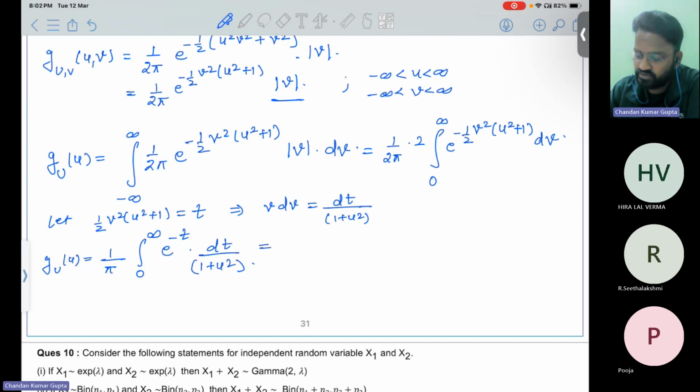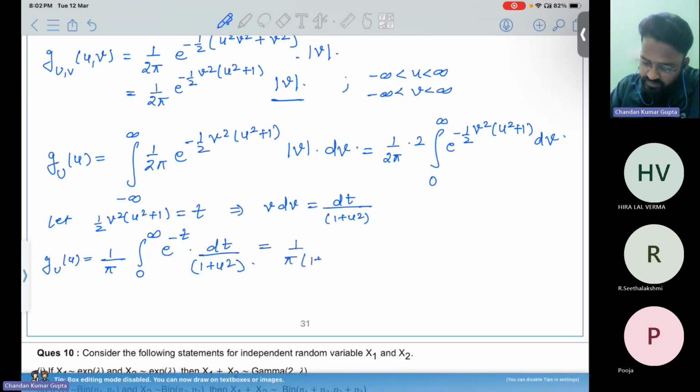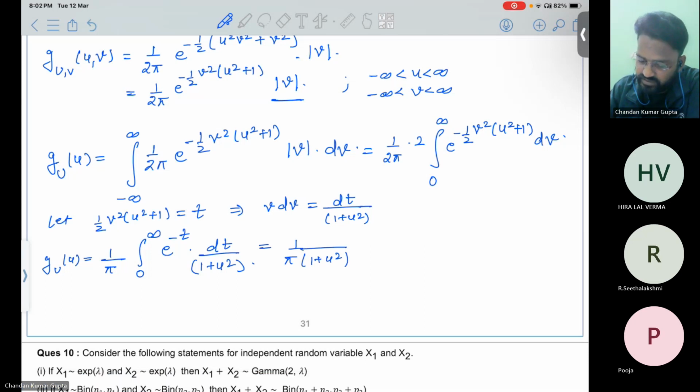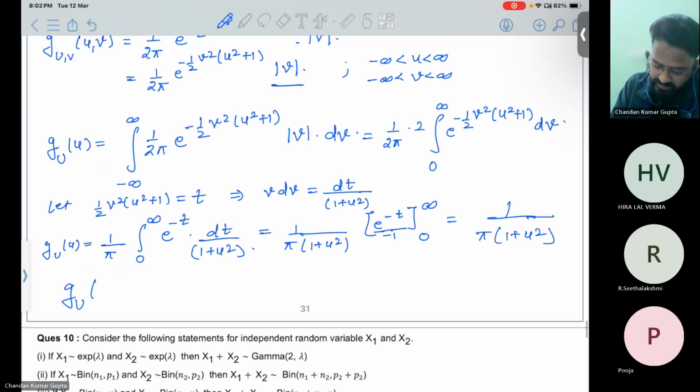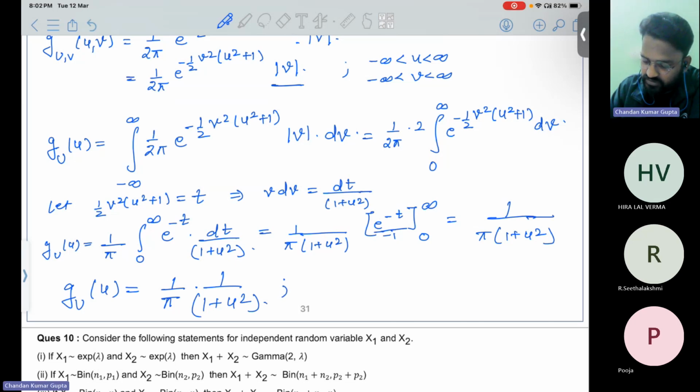This comes out to be 1 upon pi, 1 plus u square, times e to the power minus t, minus 1, from 0 to infinity, which is 1 upon pi, 1 upon 1 plus u square, times 1 minus 0.